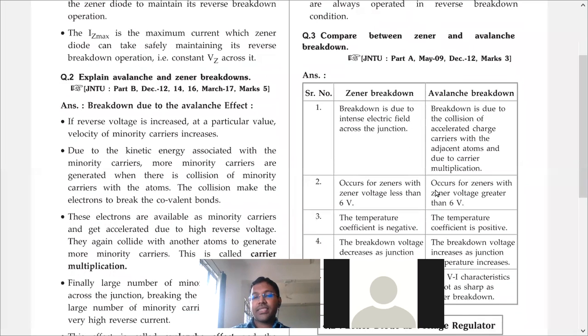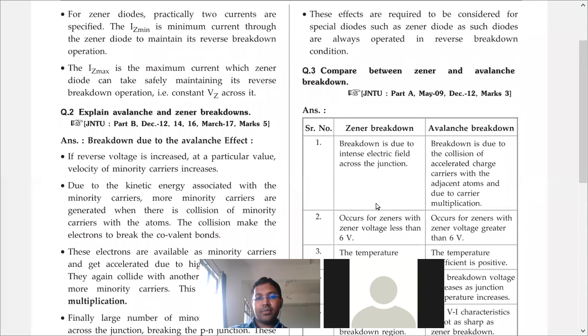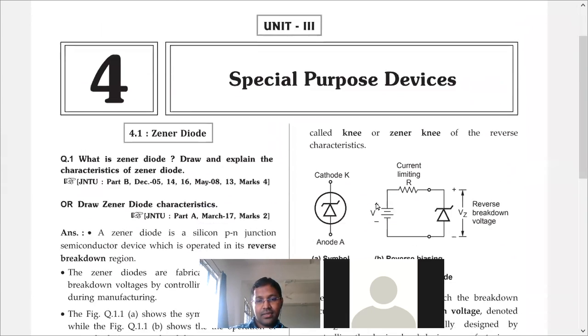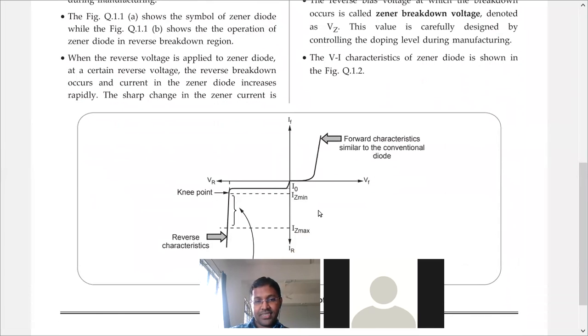Next, the temperature coefficient is negative. What do you mean by negative temperature coefficient? It means if temperature increases, the breakdown voltage decreases. Let me show you the characteristics and explain. The Zener diode has a negative temperature coefficient.